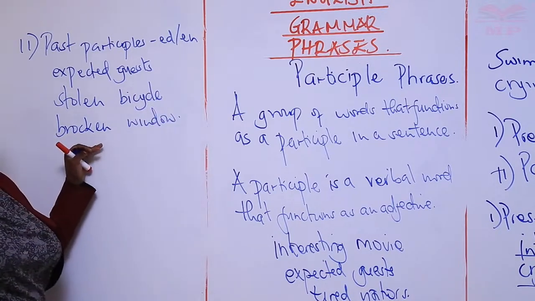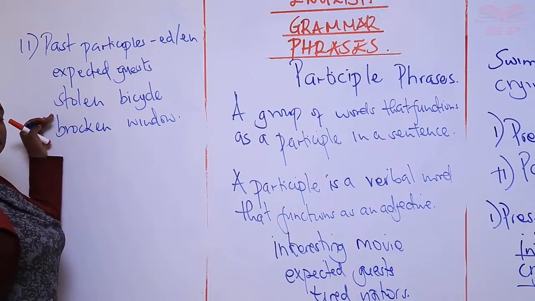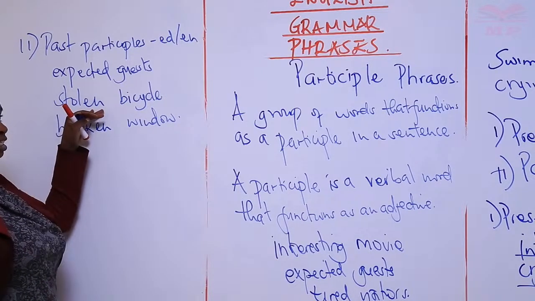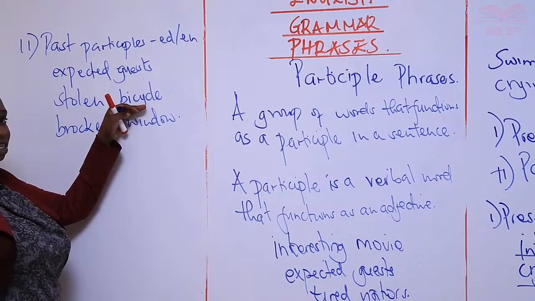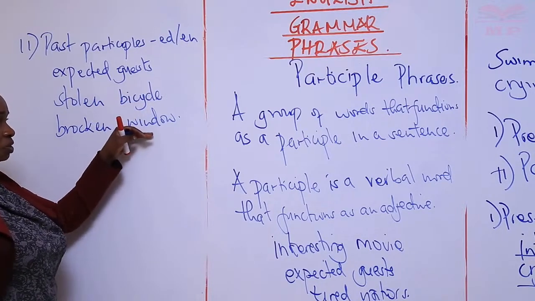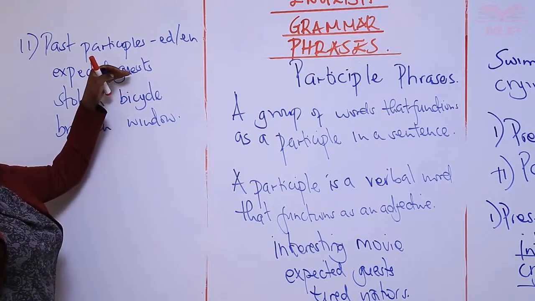Okay, so broken here is not functioning as a verb. Stolen here is not functioning as a verb. It is functioning as an adjective. It is giving us more information about the noun: the noun window, the noun bicycle, and the noun guests.